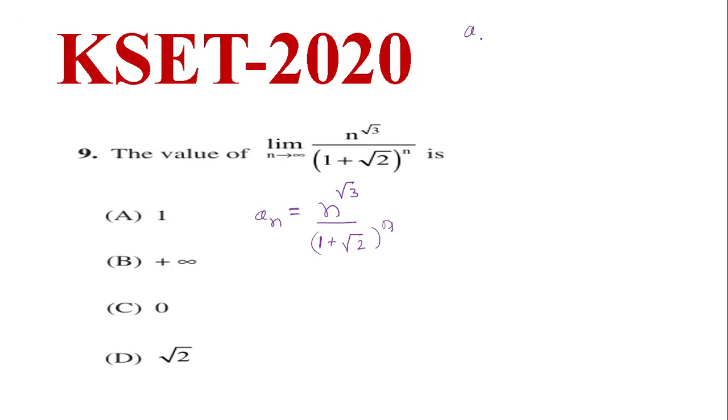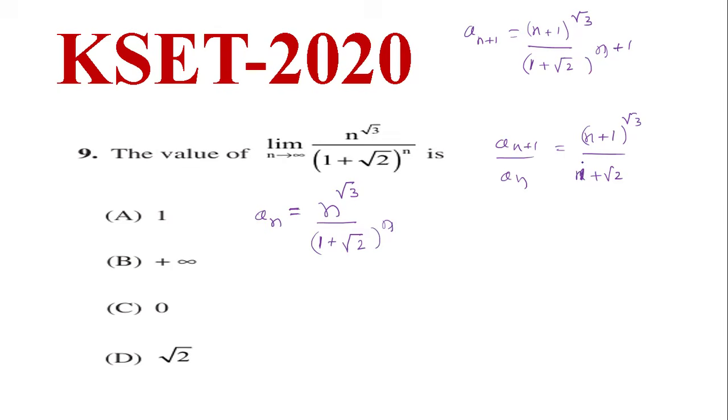For the sake of simplicity, take a_{n+1} = (n+1)^(√3) divided by (1+√2)^(n+1).